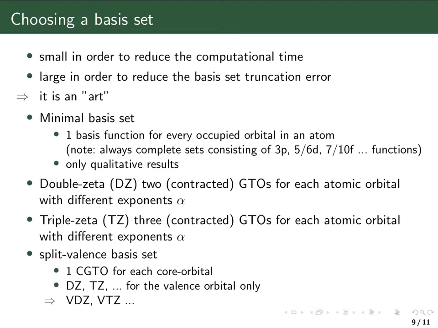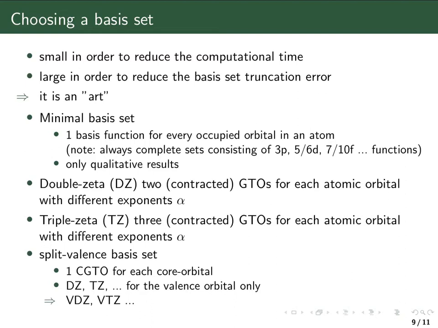If one wants to have some better results, then one would use what is called a double zeta basis set. A double zeta basis set means that one uses two typically contracted Gaussian functions for each atomic orbital, and those two have different exponents. So for example, for the 1s orbital, again of carbon, one would have two different Gaussian functions with two different exponents.